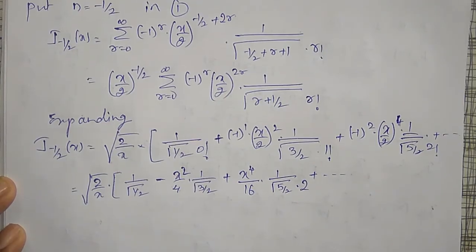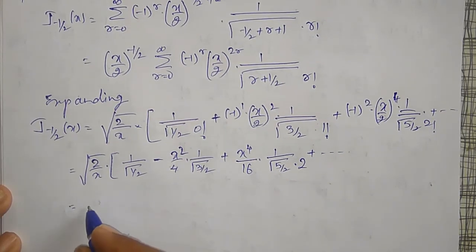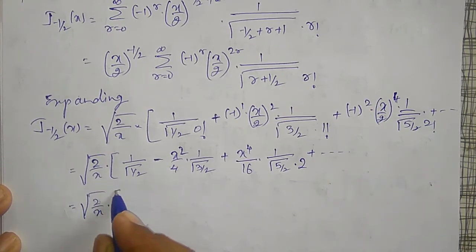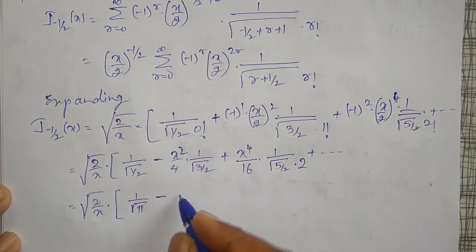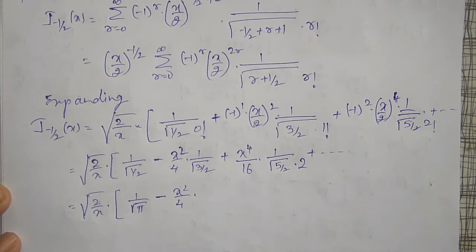Then using the gamma function definitions, I already explained them. Square root of 2 by x into gamma function of 1 by 2 is 1 by root pi, minus x square divided by 4 into gamma function of 3 by 2. I have already explained all of these, how to use the recurrence relation and so on.